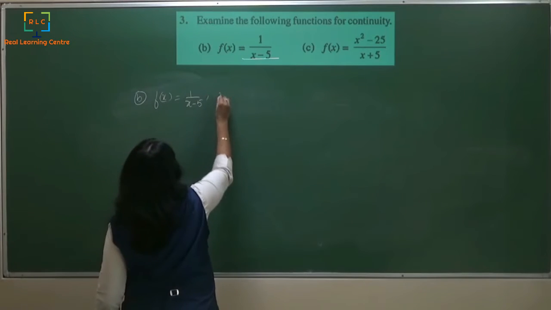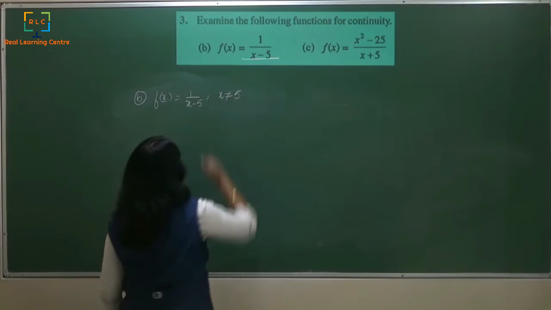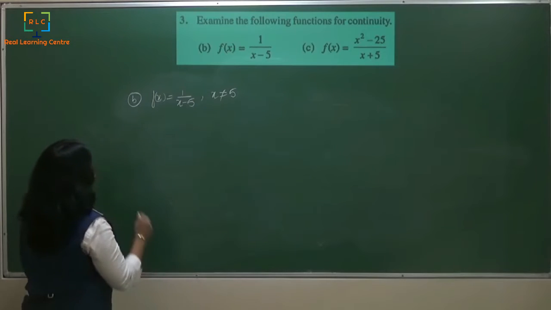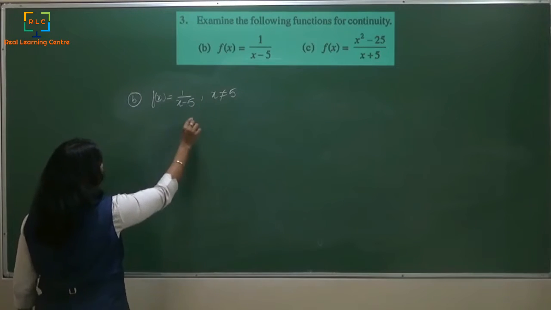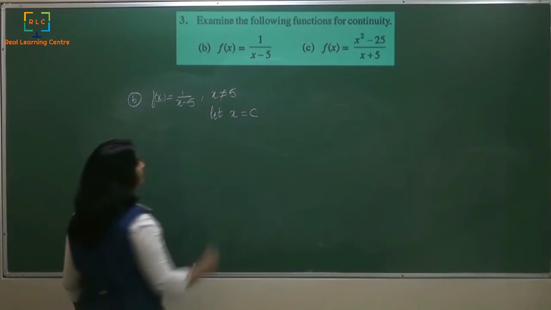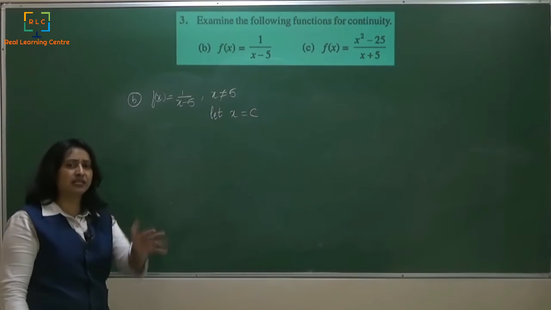And beside this you also have x not equal to 5. So when they have given x is not equal to 5, we'll take a number other than 5, so let x be equal to c. We'll not take 5, any other number I'll take.